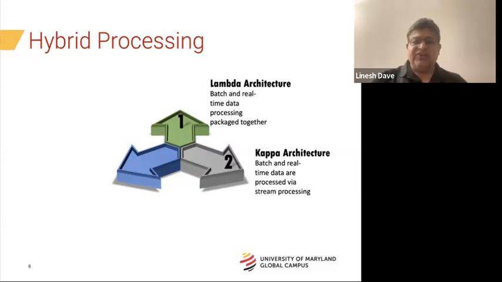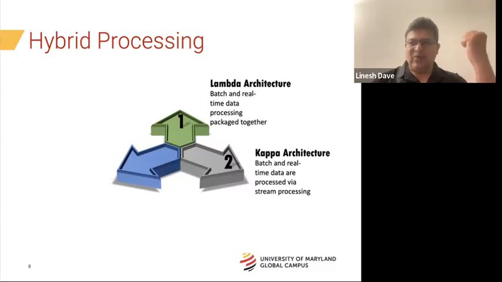The Kappa architecture is that, instead of having two different channels, right, both batch and real time in your architecture, what Kappa architecture has done is that, okay, you have only one channel to bring in your data, but then after you bring in the data, internally within the technology, you can really do the batch processing or the real-time processing.